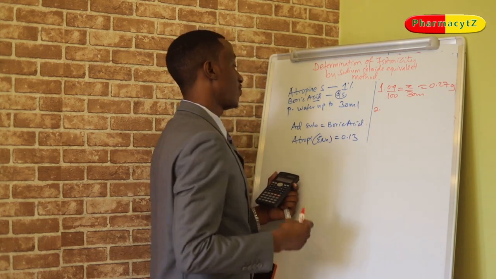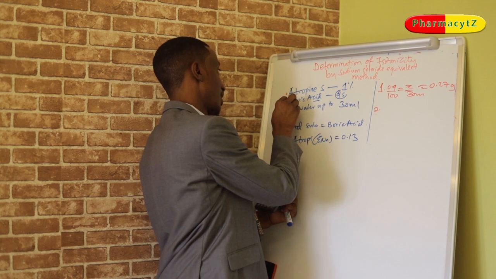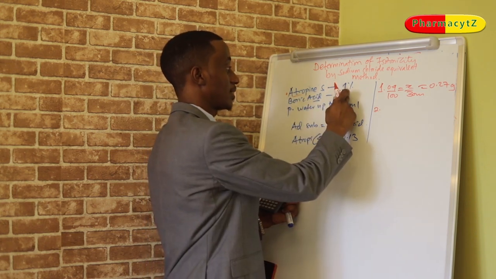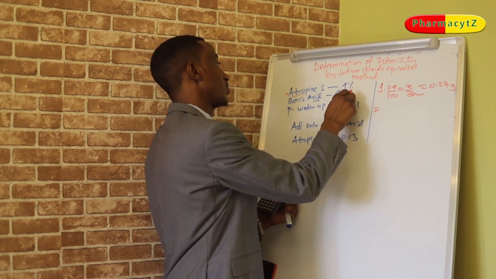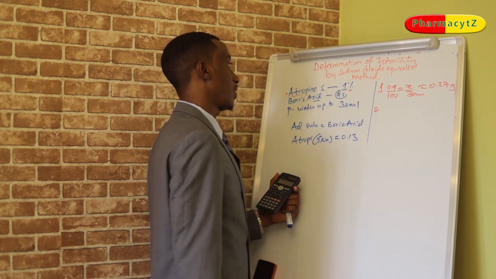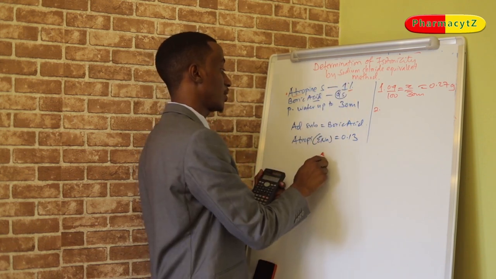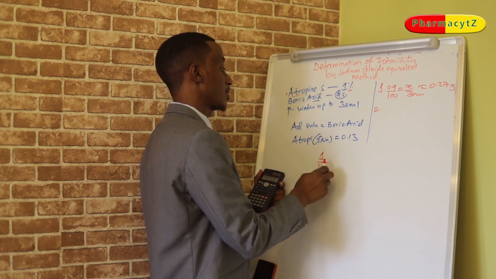Step number 2, find the sodium chloride equivalent of these ingredients. Here we have atropine sulfate. So atropine is 1%. In the sodium chloride equivalent method, we do not use percents, we use the actual amount. So calculate the actual amount first of atropine. That is 1%. 1 means it is in 100 grams.